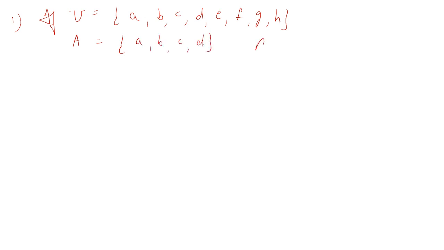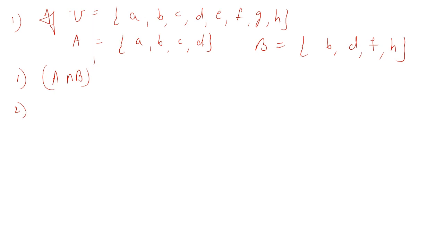So for that, the first question is, if U is equal to {A, B, C, D, E, F, G, H}, A is equal to {A, B, C, D}, and B is equal to {B, D, F, H}. First question is, find A intersection B whole complement.